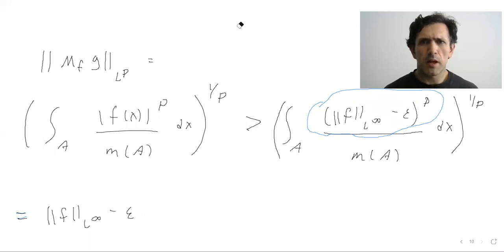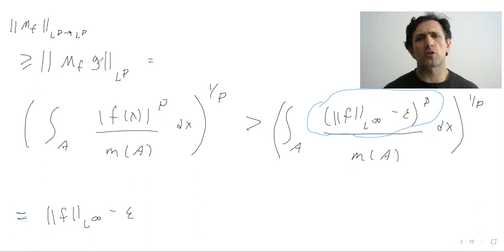And I probably should put up here, of course, that because g has norm 1, by definition this here is the sup over all of these L^p norms for all g with norm less than or equal to 1. So the sup is bigger or equal to, as an upper bound, any individual one of these with norm of g less than or equal to 1.